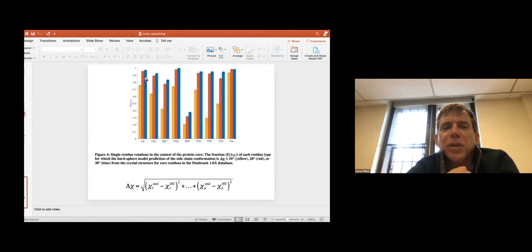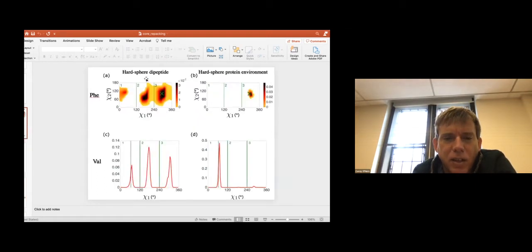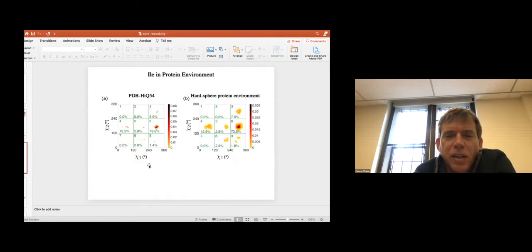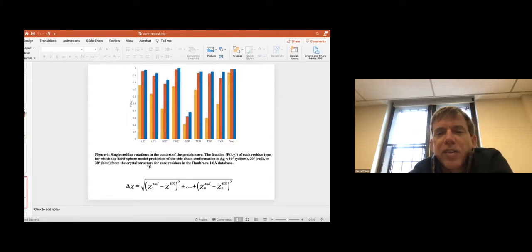One reason to pick 30 degrees is that's the typical width of a rotamer bin. So if I go back here, for example, you have the 180-degree rotamer in the central region for valine, and you can see it's roughly plus or minus 15 to 30 degrees. And so if your error is 30 degrees or less, then you're able to pick the correct rotamer.